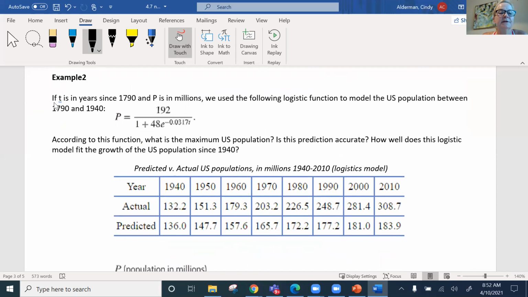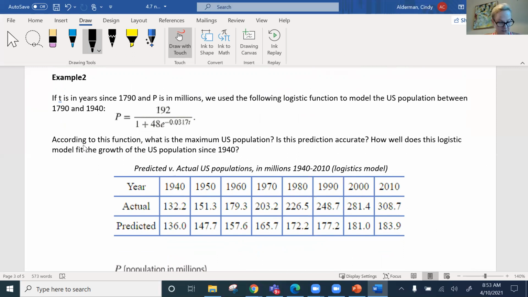So here's an example, and it's actually a real example. T is in years since 1790, and P is in millions. And here's the data for all of this. We used the following logistic function to model US population. This was the actual model that we used, right?